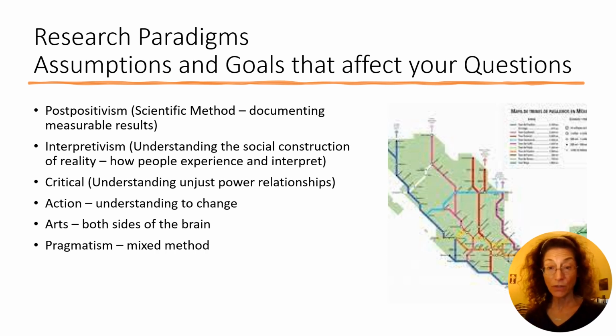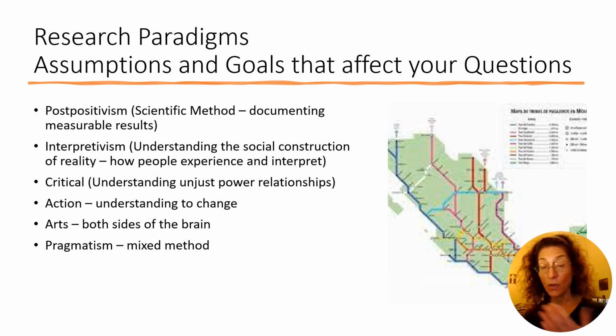The action research paradigm is explicit about not only wanting to understand the world, but actually wanting to improve it. Now, the DGL is a leadership doctorate, and that means that we do assume in the DGL that you want to improve the situation that you're studying, not only understand it, that you're understanding it in order to improve it.